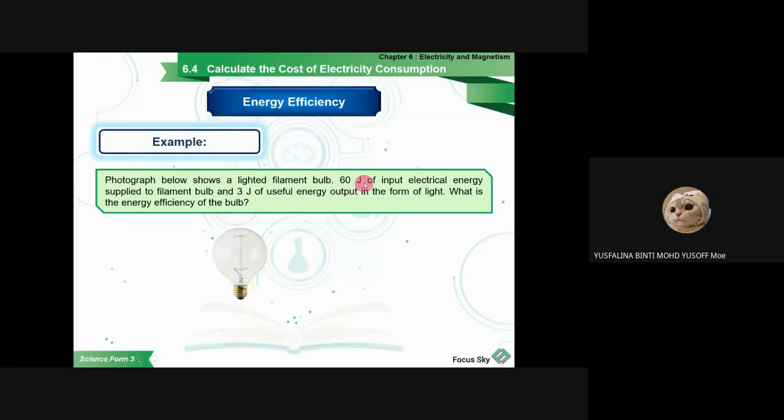They give 60 joule of energy to the bulb, but only 3 joule of useful energy is output as light. Using the formula, 3 divided by 60 joule, times 100, you will get 5% only. So only 5% is the energy efficiency of the bulb.